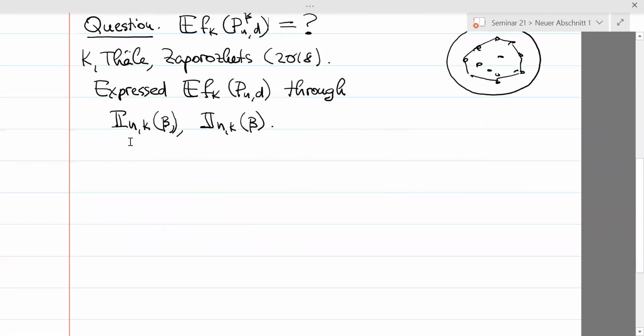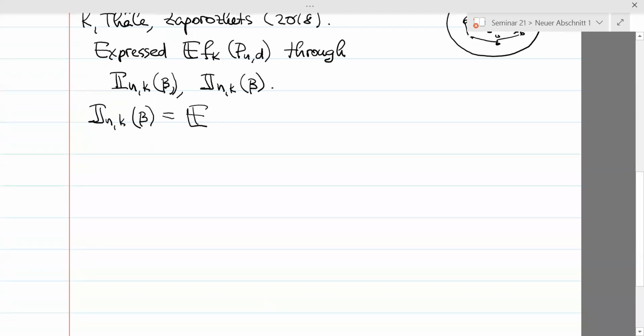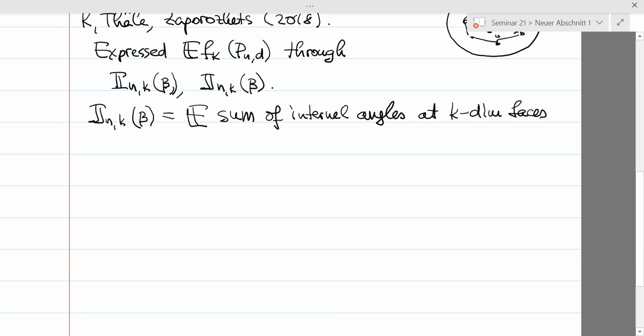And now in this work, we expressed this number through quantities of two types. First of all, let me define the J_{n,k}(beta). The J_{n,k}(beta) is the expected sum of internal angles at k-dimensional faces in the beta simplex.